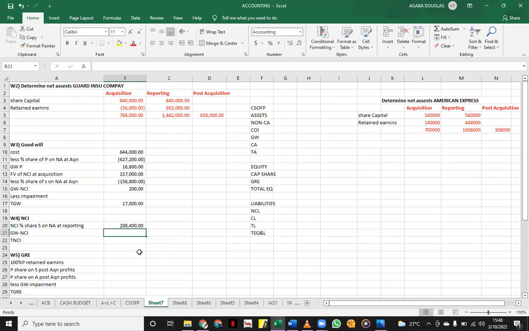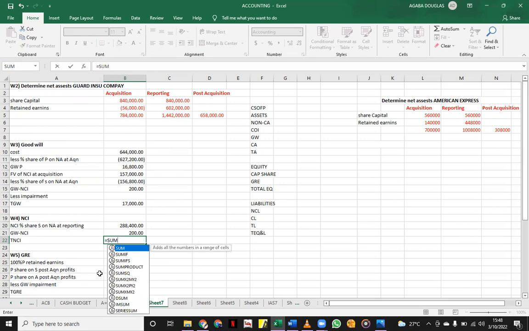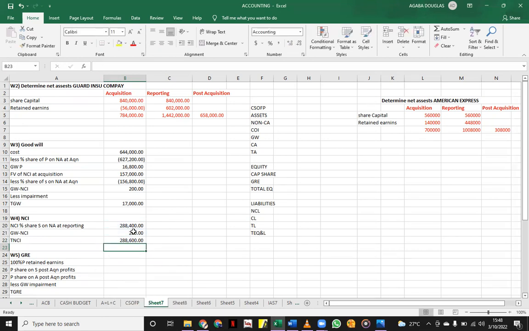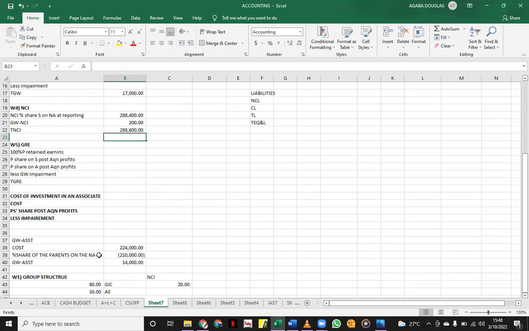And then we'll add on our goodwill NCI, which is 200 shillings. And then we'll have as our total NCI value a summation of the two. So that is our NCI, as simple as that, just like we saw in IAS 27.